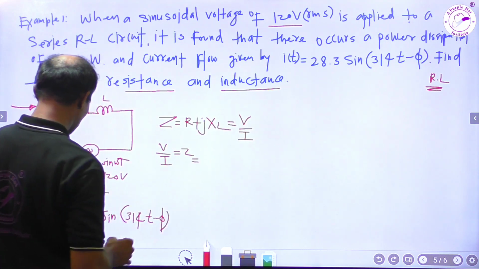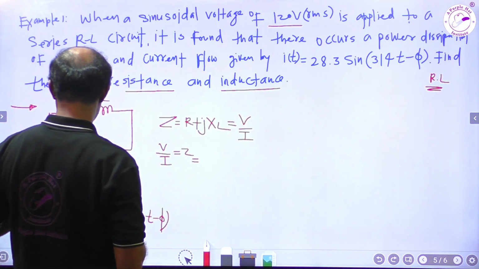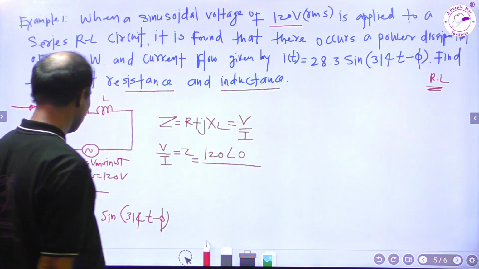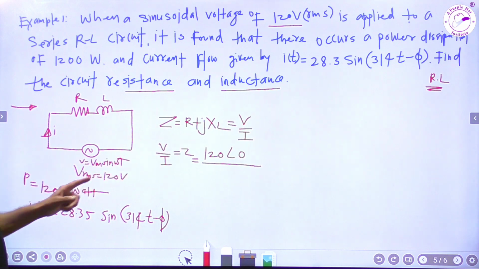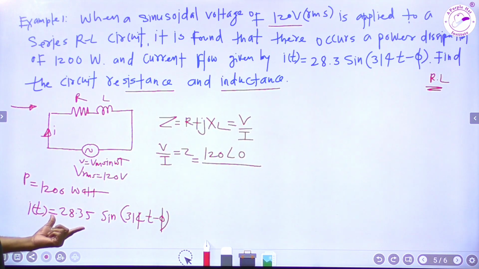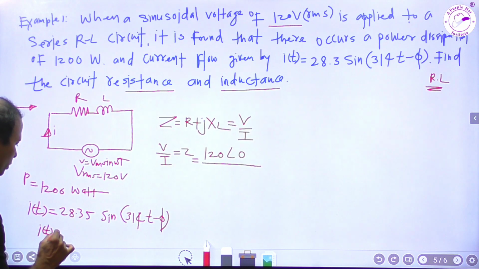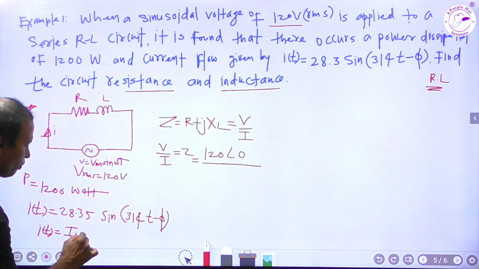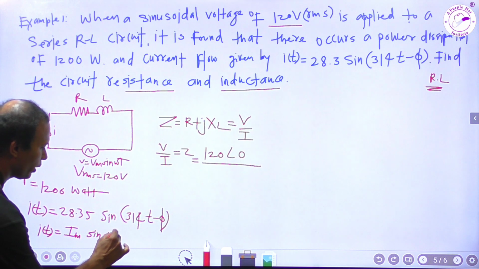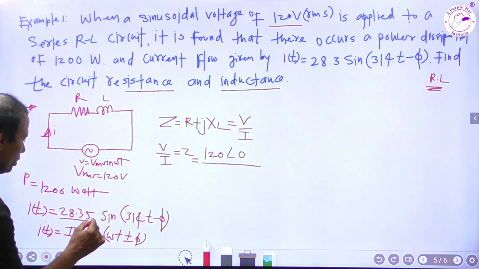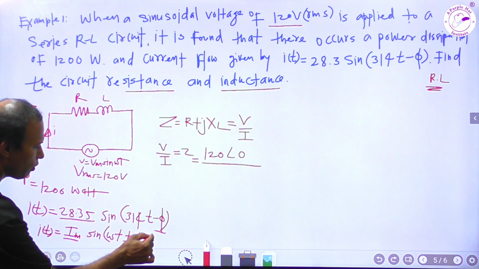The voltage is RMS 120 at angle 0; no angle is given. Now this is the maximum value of current. If you compare i(t) with Im sin(ωt ± φ), this is your Im and this is your φ.